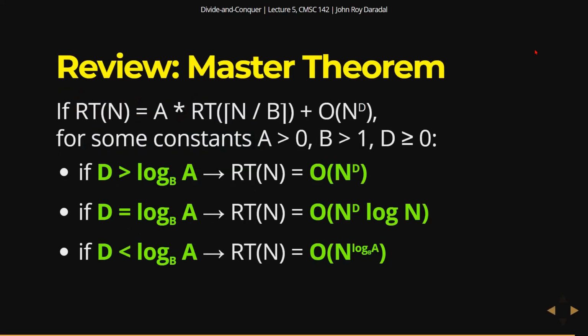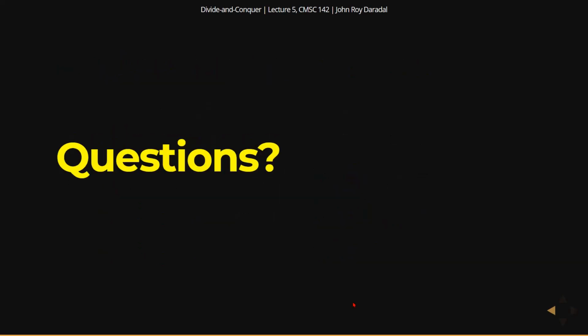Okay, and then we also discussed the master theorem, which tells us the common running times of divide and conquer algorithms depending on the values of A, B, and D, where A is the number of sub-problems, B is the size of the sub-problem, and D is the O of n raised to D merge step. Okay, and based on the relationship of D and log of A base B, we can just follow the common running times. Okay, so that's it for divide and conquer.